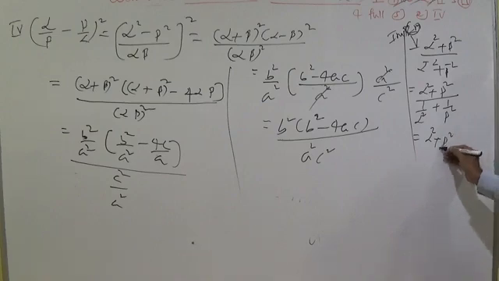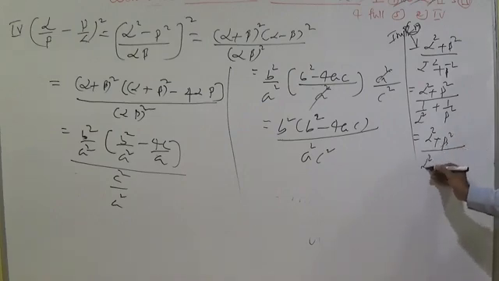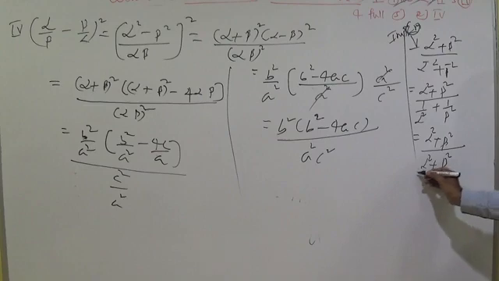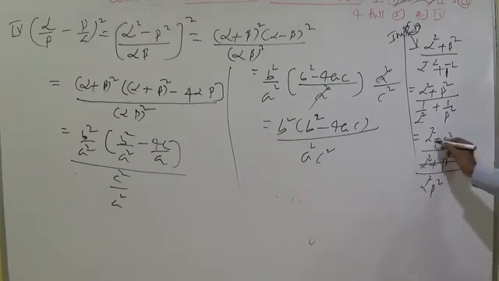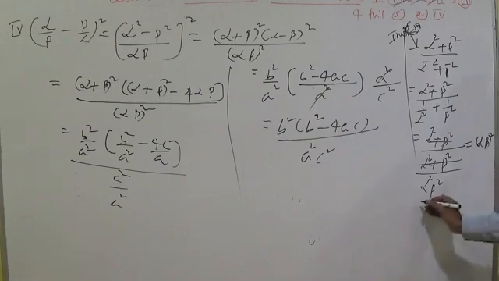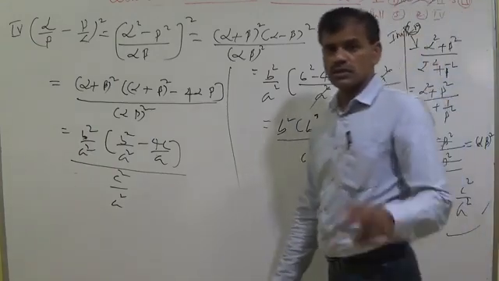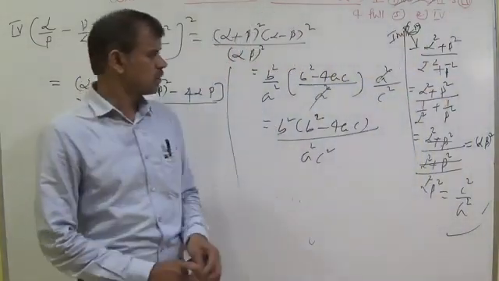Here you can write alpha square plus beta square by, taking LCM, alpha square plus beta square by alpha square beta square. This will get cancelled. You can write this one as alpha beta whole square directly. The alpha beta whole square is the value c square by a square. That is a 2 marks IMP question.